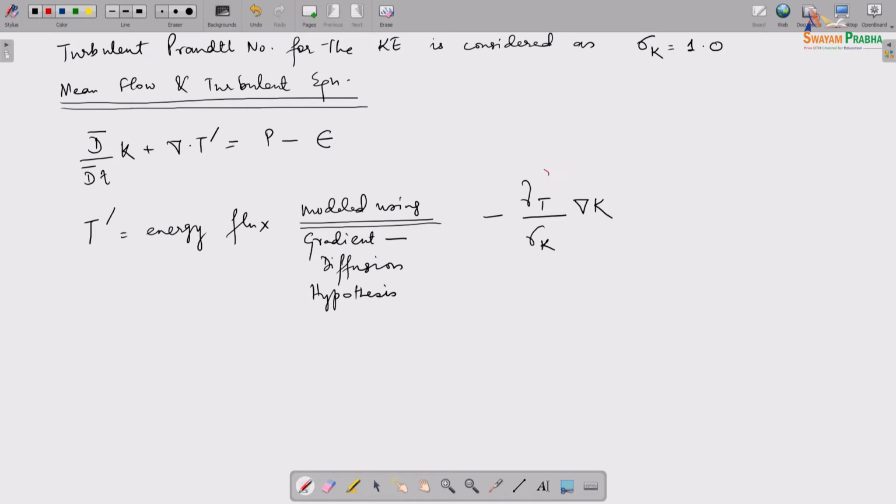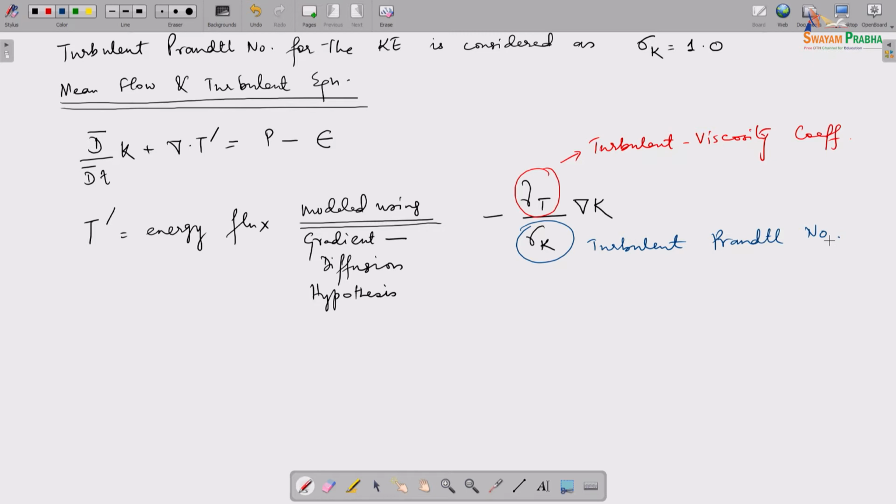This thing is essentially the turbulent viscosity coefficient, and this is the turbulent Prandtl number.